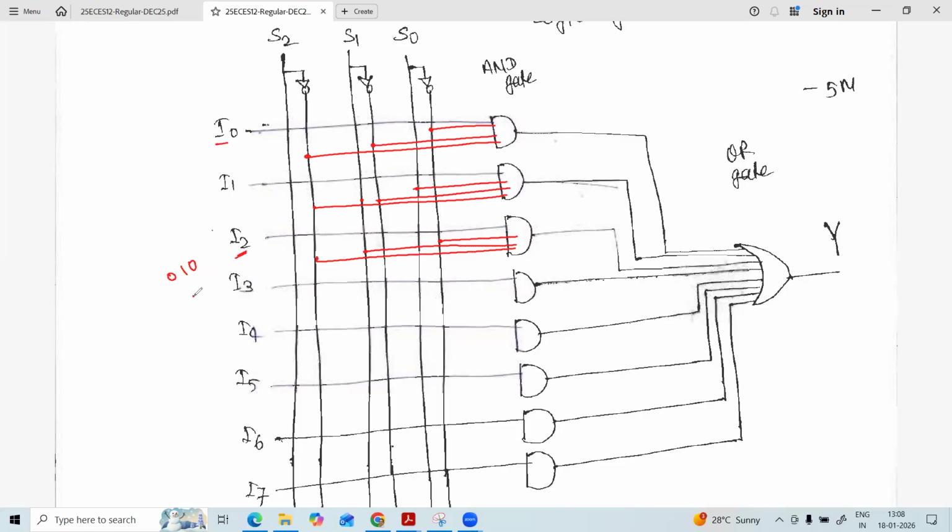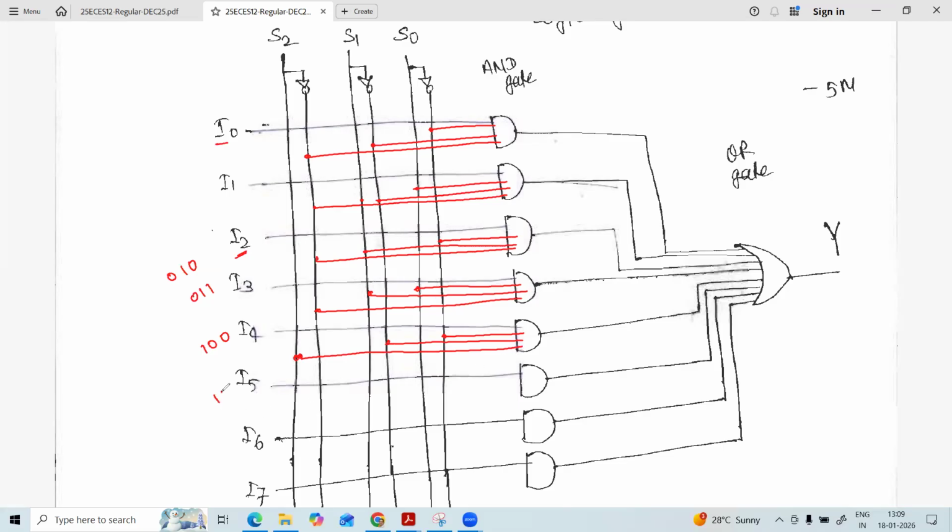Similarly for I3, what is the combination? 3 is 0, 1, 1. So S0 without complement, S1 also without complement, and S2 with complement. Like this, I4 is 1, 0, 0, so S0 with complement, S1 also with complement, and S2 without complement.